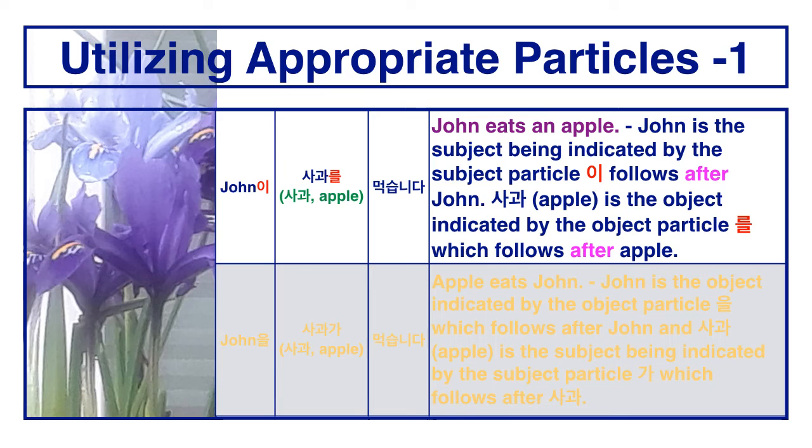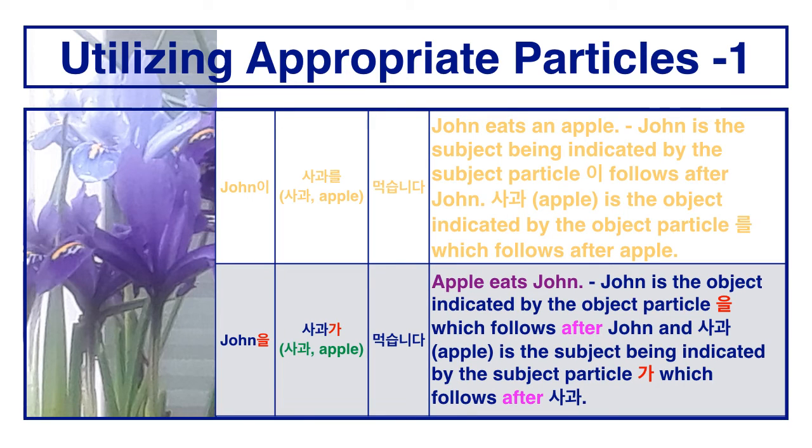If you say John이 사과를 먹습니다, that means John eats an apple because John is the subject being indicated by subject particle 이, and 사과 is the object indicated by the object particle 를.